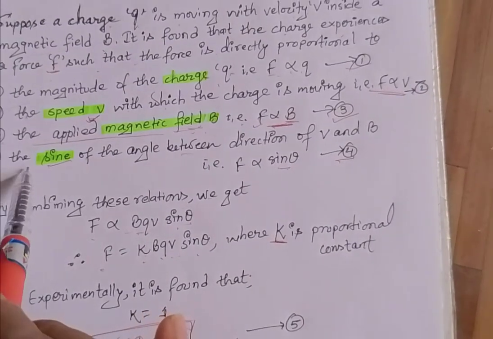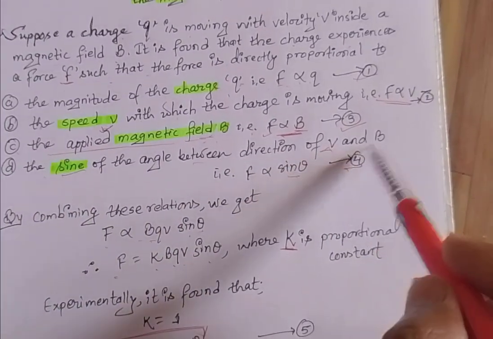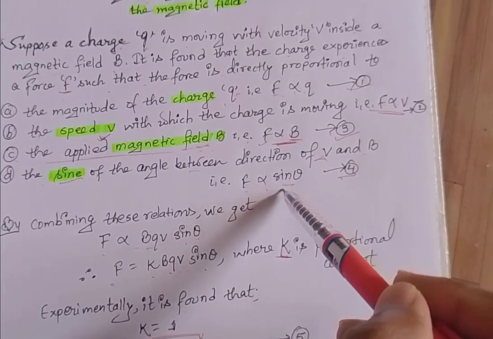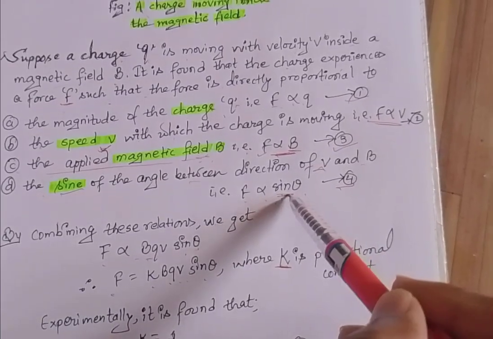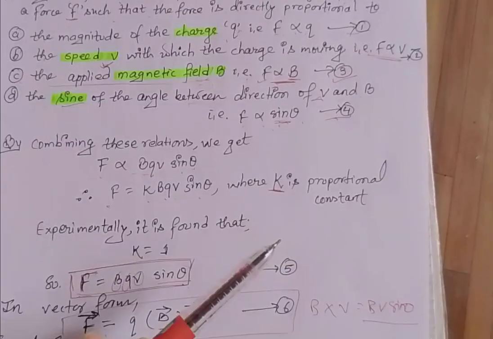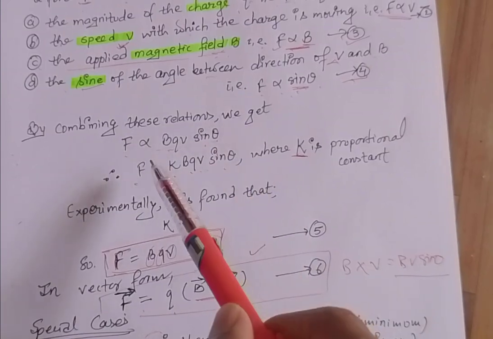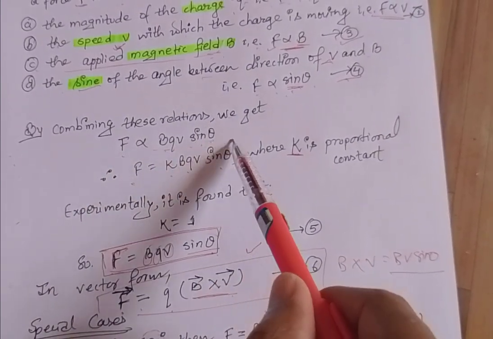And finally, the sine of the angle between the directions of v and B. Symbolically, F is directly proportional to sine of the angle between v and B, that is, sine theta. This is equation 4. Now, by combining these relations, we get F is directly proportional to qvB sine theta.